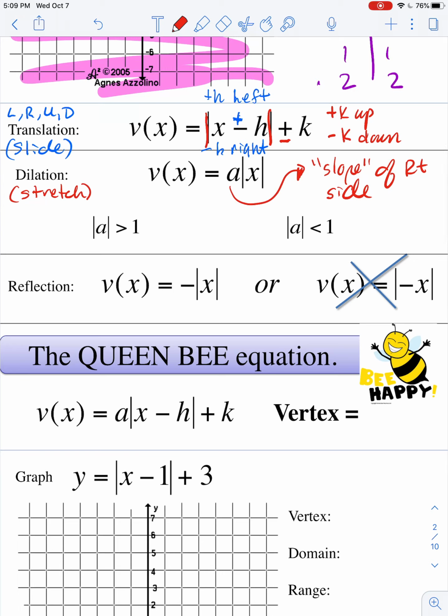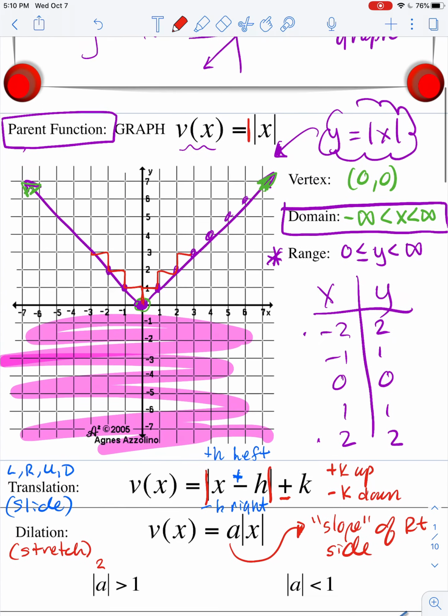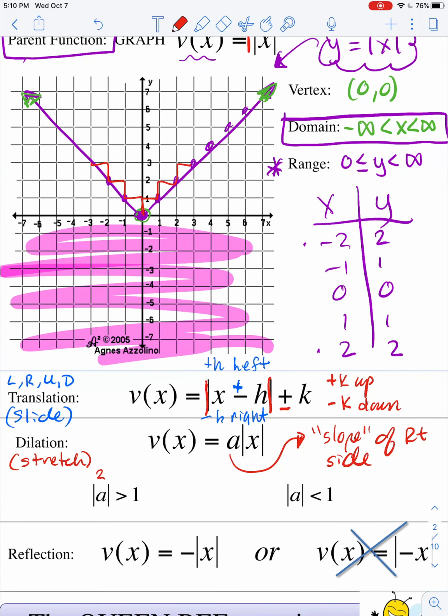So I'm looking at the value of that A. As A is greater than 1, so say for example a 2, think about what that's going to do. If I were to go back to this graph and instead of going up 1 over 1, I was going to go from my vertex up 2 over 1, up 2 over 1, up 2 over 1, and then connect it. Up 2, back 1, up 2, back 1, up 2, back 1, and then connect it.